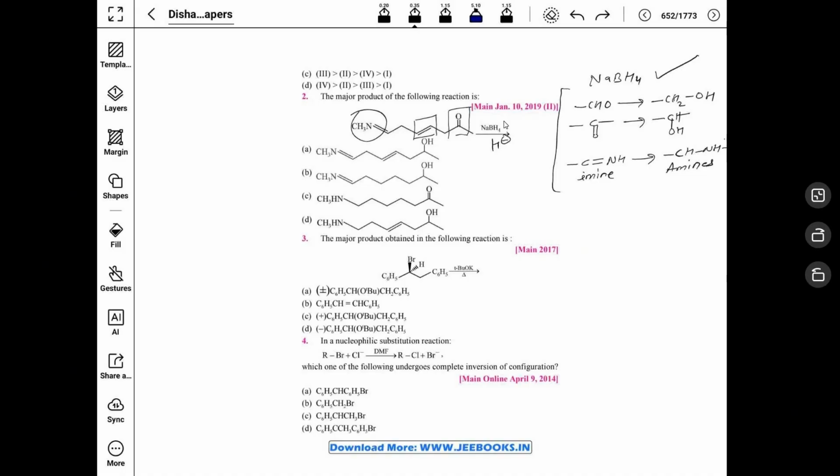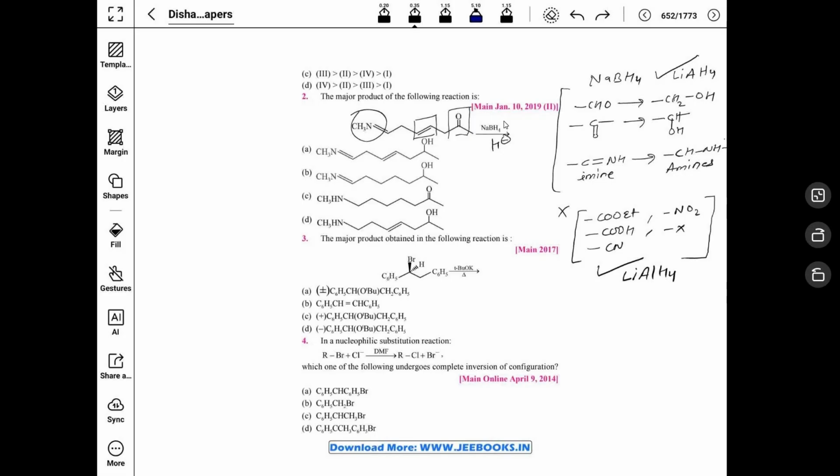The functional groups sodium borohydride cannot reduce are ester, carboxylic acid, cyanide, nitro, and halogen. These functional groups cannot be reduced by sodium borohydride, but they can be reduced by lithium aluminum hydride. Even lithium aluminum hydride can reduce all these functional groups because it is a very strong reducing agent.